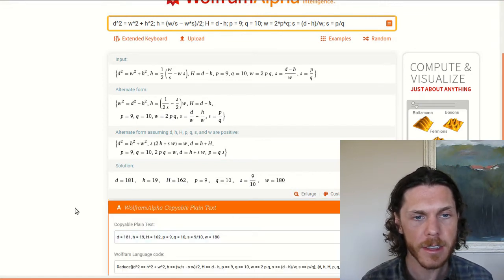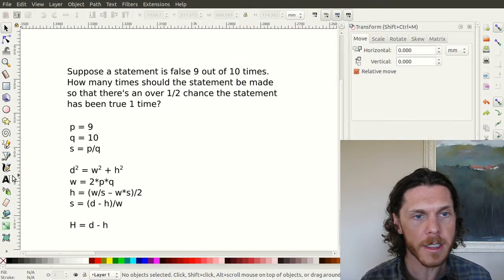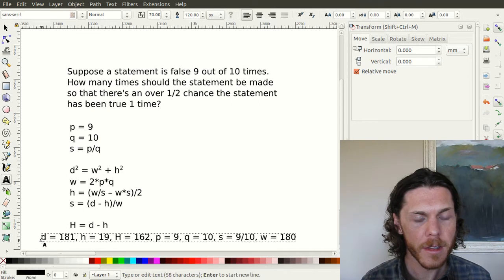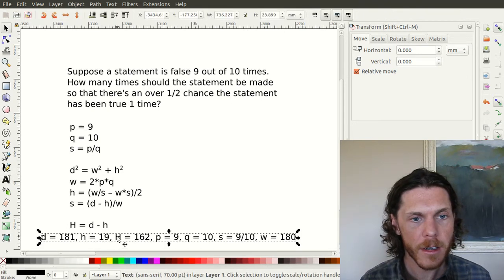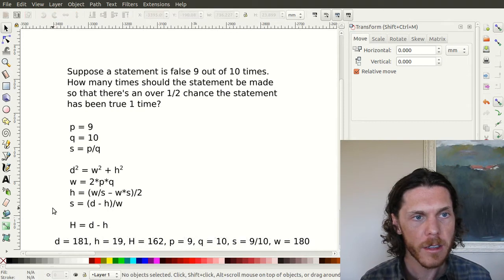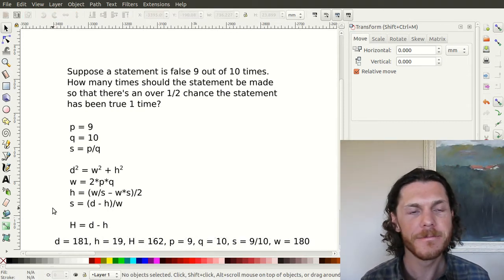Copying the information, and now putting it into Inkscape. All right, we've got what we need to answer the question with tiling geometry.